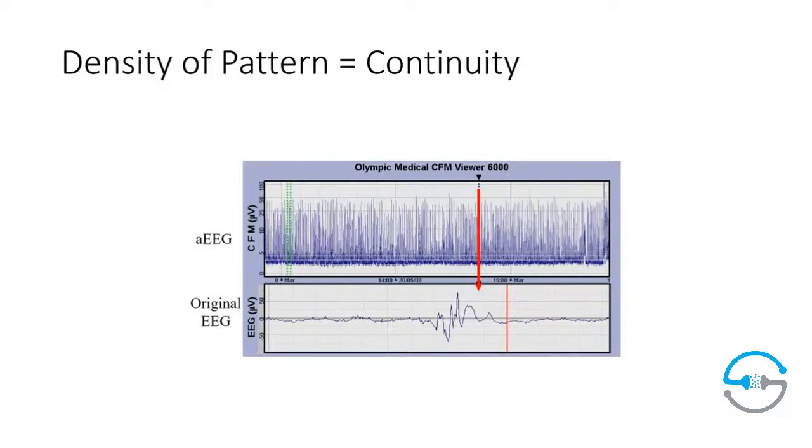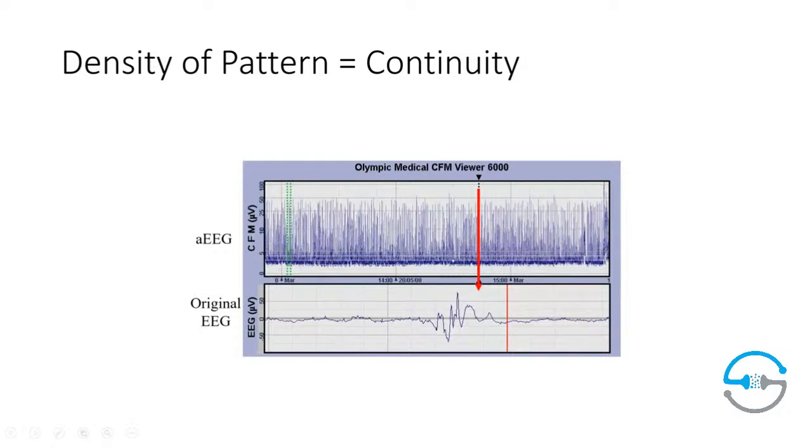So one of the other features of continuity reflects on density of the pattern. And so I'm going to use burst suppression to help illustrate this because I think that it does it the best. So you'll see here in this pattern, let's look at the EEG first. So at the EEG you have here, you have this suppressed activity and then a burst. So again, you have this mixing of voltages, which cause you to have a rather low bottom margin and a rather high upper margin.